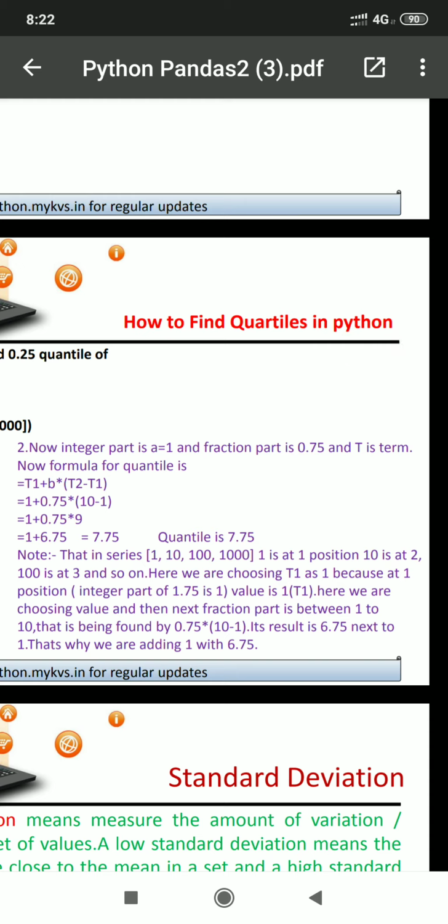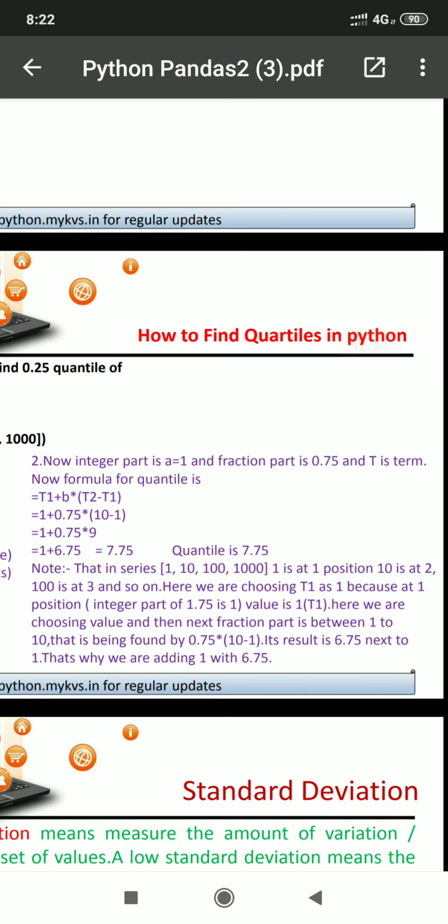Then the fraction part is between 1 and 10, which is found by 0.75 multiplied by (10 minus 1), and its result is 6.75. Next to t1, it is not directly the value but it is next to 1, so we add 1 to 6.75. That's why our result is 7.75.